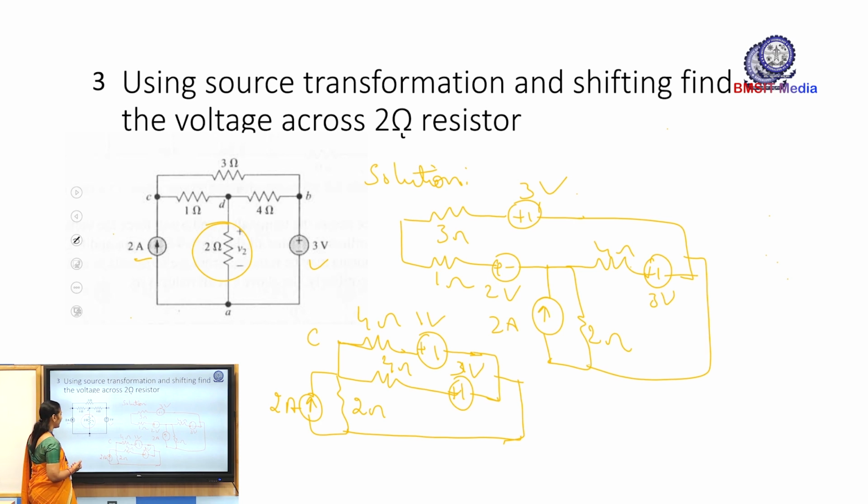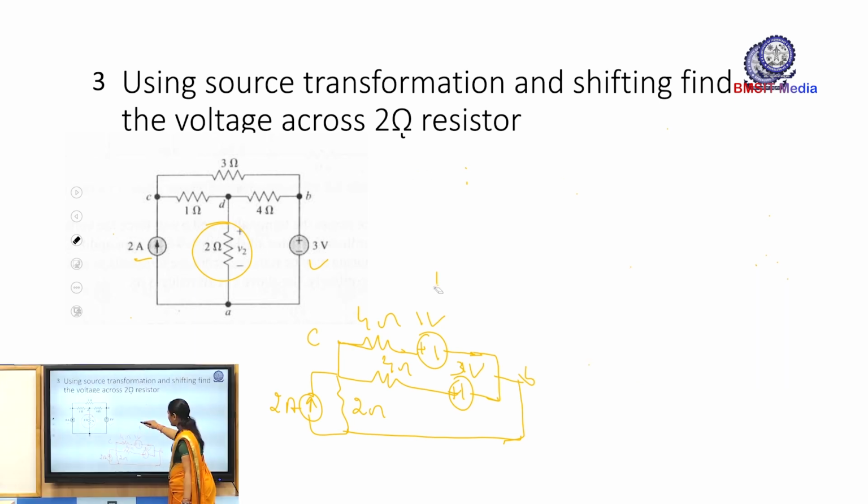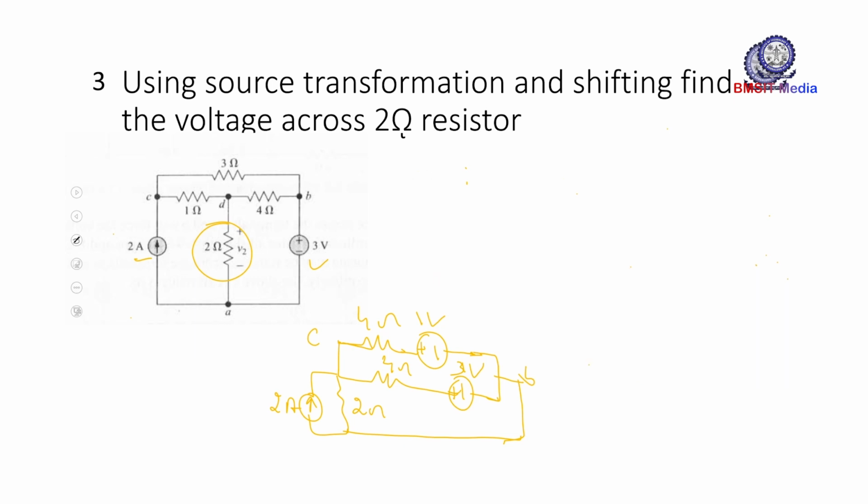Okay, so further we will reduce. Before that again we will combine these two by applying the source transformation from the C and B terminals. Okay, I'm going to erase once again. Okay, from this step we'll move on to the next one.